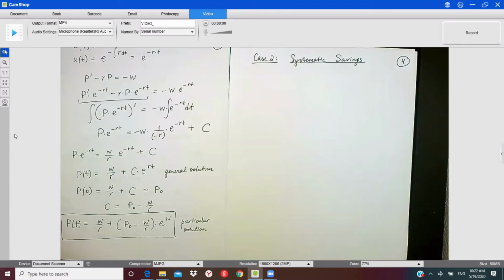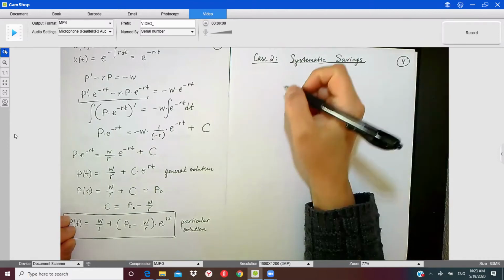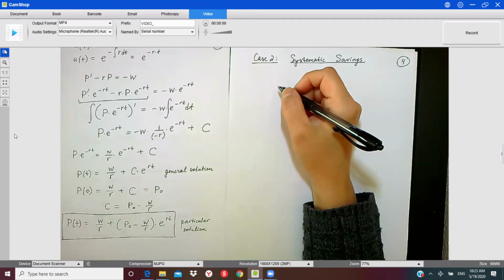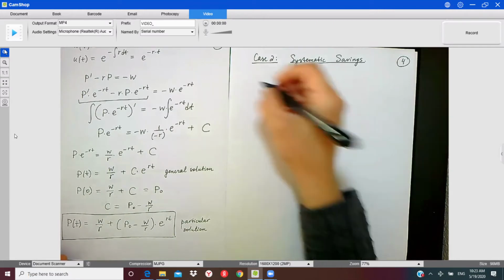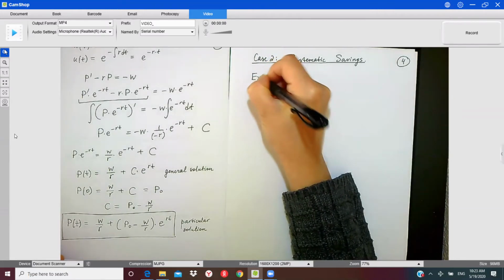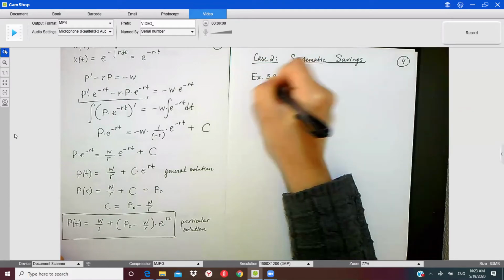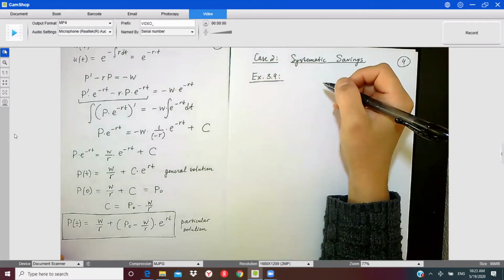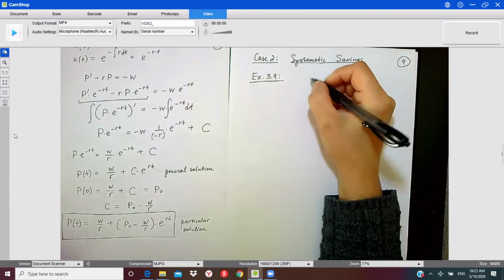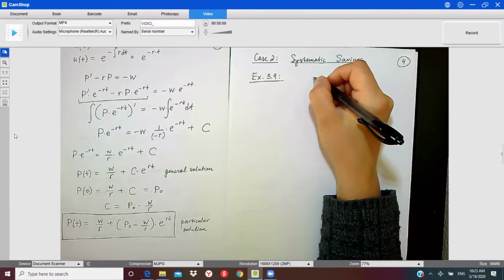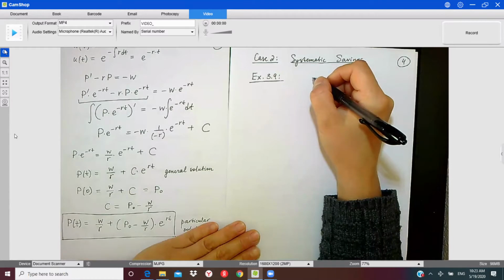All right, so I'm going to write down the information first, and then we will try to build the differential equation, the model for this example. So this is an example from the text. Again, instead of withdrawals, we have systematic savings. So the savings are 2,000 each year.